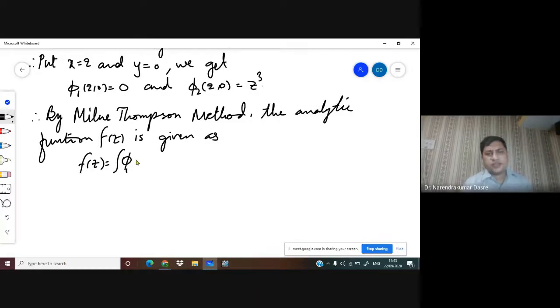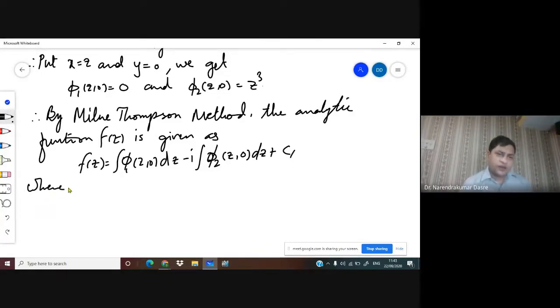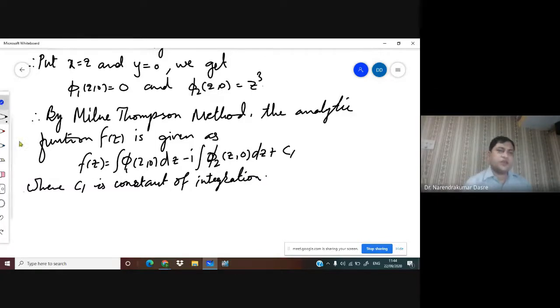It is integration phi 1 of z, 0 dz minus i integration phi 2 of z, 0 dz plus c. Now c is already given to us, so we have to use c1, where we declare that c1 is the constant of integration.